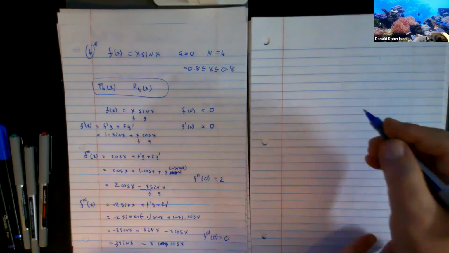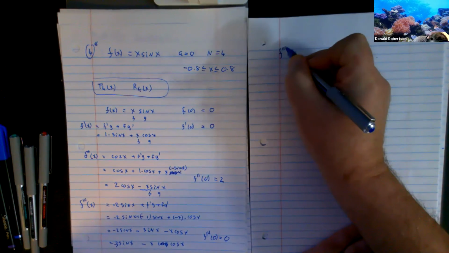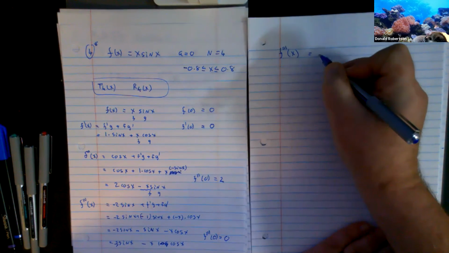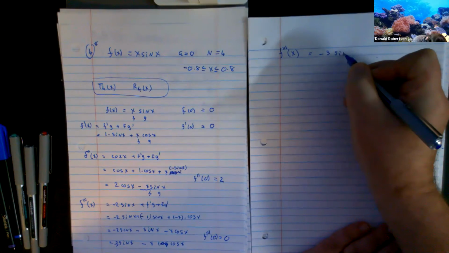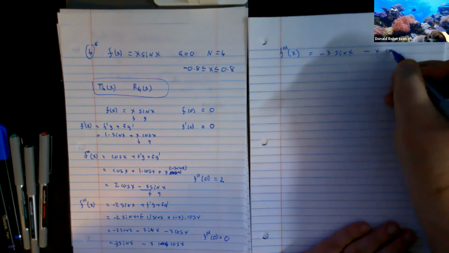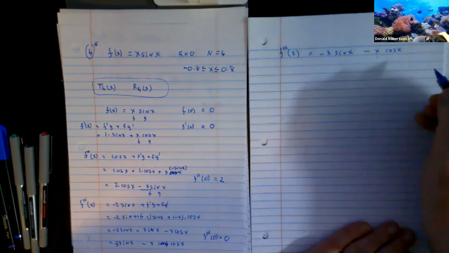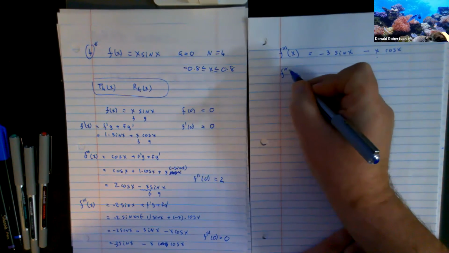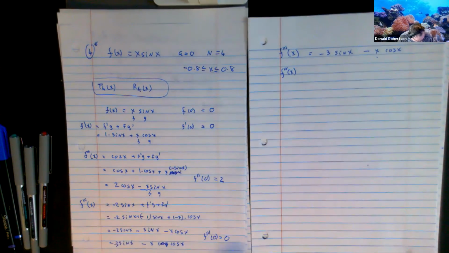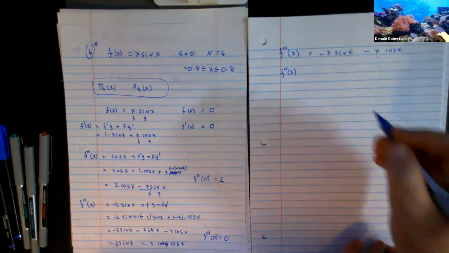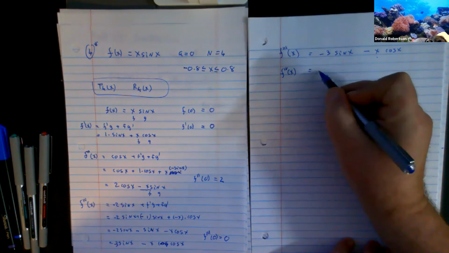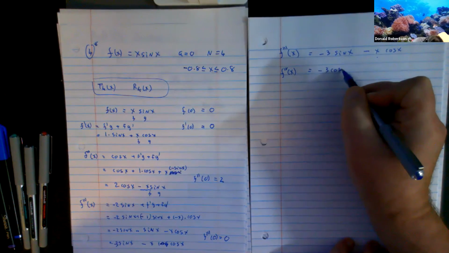Right, I need one more. I'm just going to rewrite the third derivative up here, just so that I know I'm starting at the right point. You're on the fourth derivative, right? Yeah, because I need one more derivative. So I've just rewritten the third derivative again. So if you differentiate this guy, you get negative 3 cosine x's.